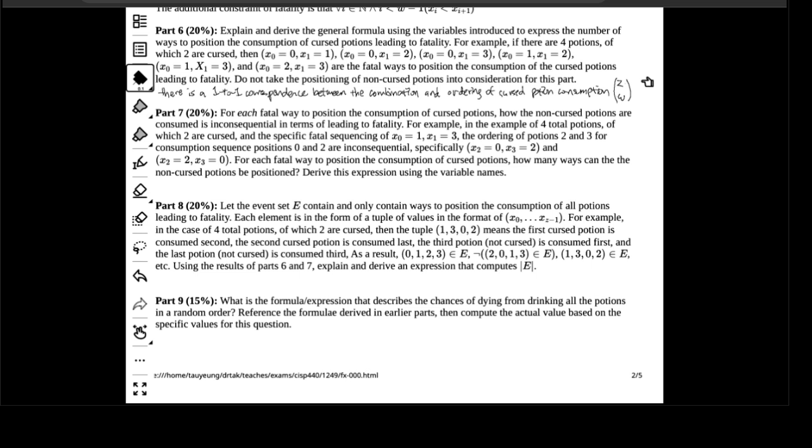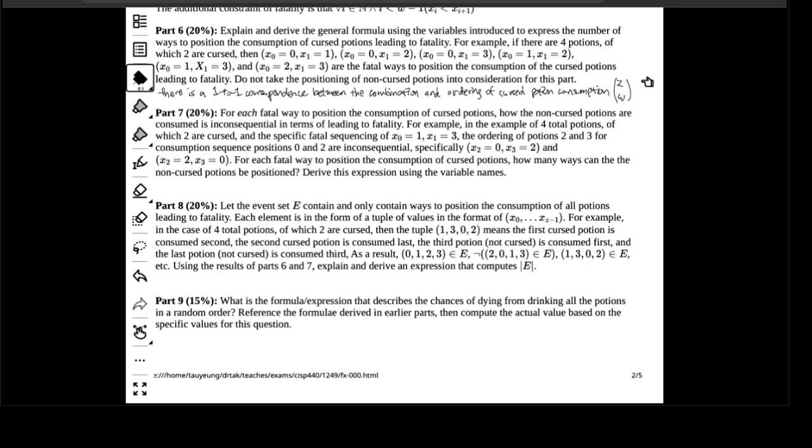But the whole point is it is still fatal because potion 0 is consumed before potion 1. But then we have the first and the last position being unspecified, and those are for the non-cursed potions. So however we want to position those non-cursed potions at position 0 and position 2 of the consumption order, the whole consumption of all four potions is still going to be fatal.